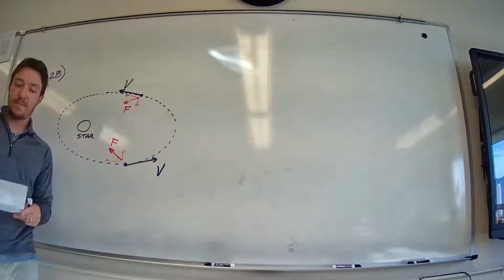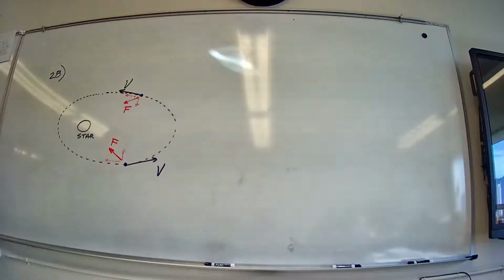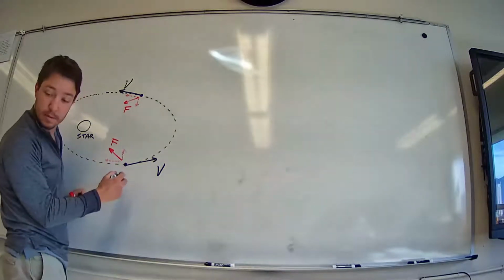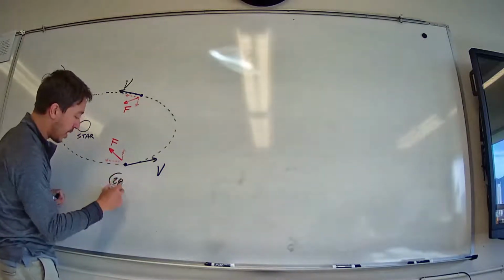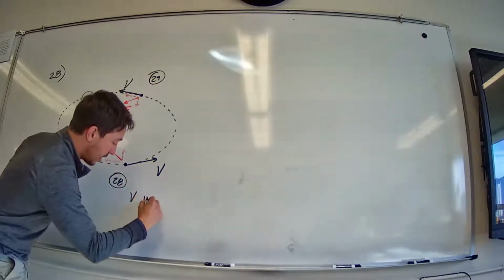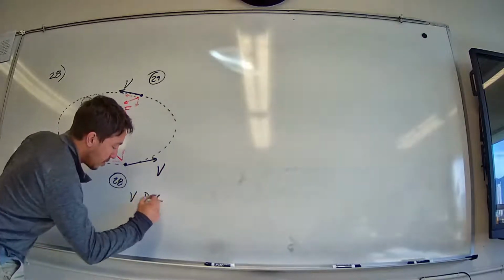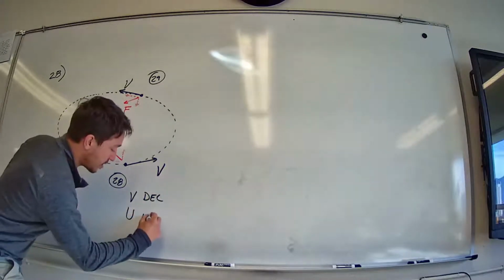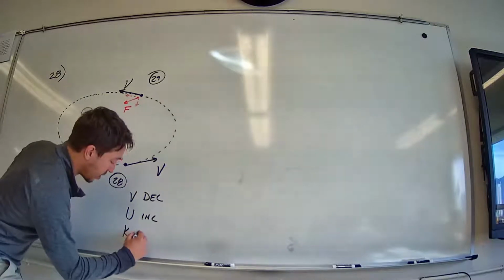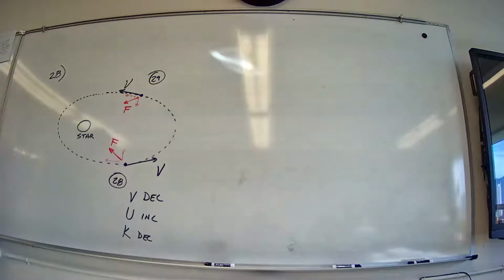So velocity is decreasing. How about the gravitational potential energy? What's happening to that? Yeah, so back to this. This is number 28, 29 is this one. So the velocity is decreasing. Potential energy is increasing, which of course goes along with kinetic energy decreasing.